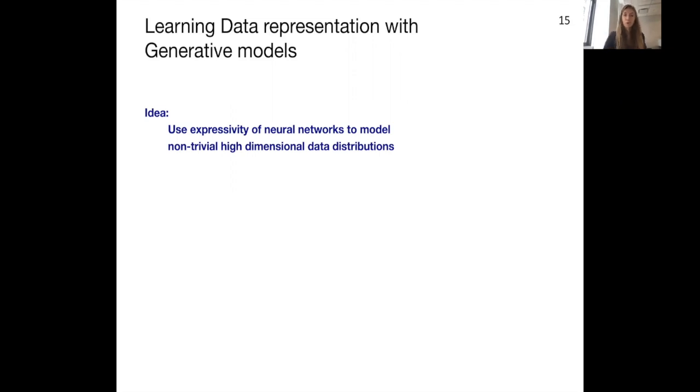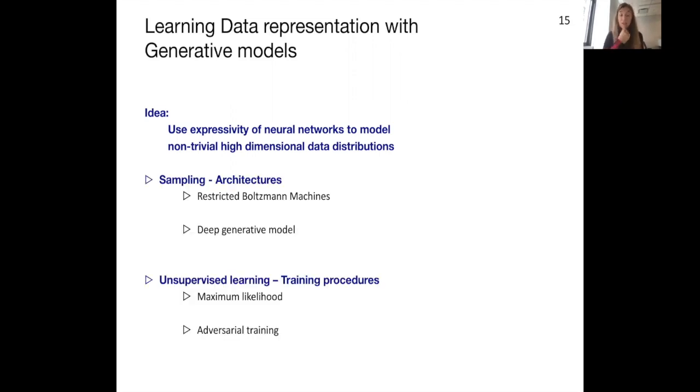There are different architectures that we can use to do this, which go along with different sampling methods. And there are different ways of training those so-called generative models so that they can grasp the statistics of the data sets that we are interested in.